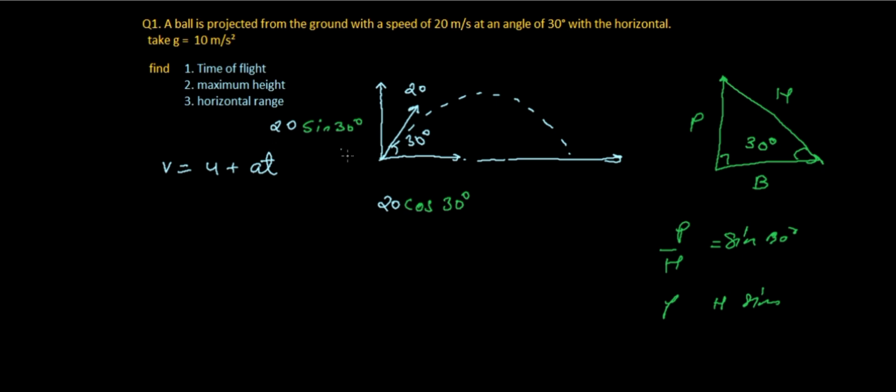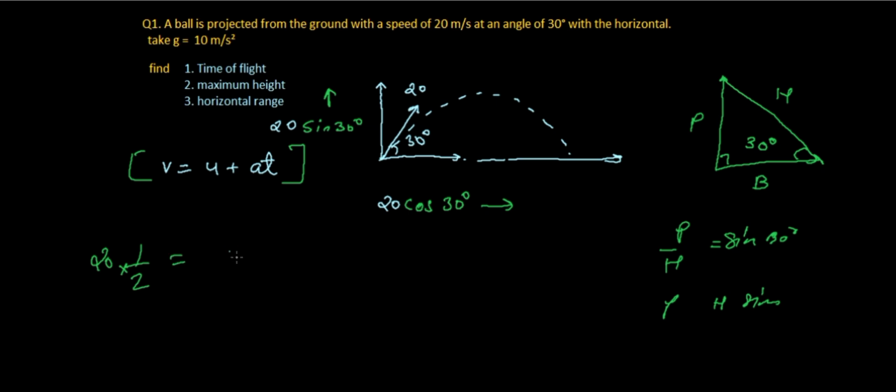That's it, friends. So now the particle has two components, 20 sine 30 degree in upward direction, vertical motion, and this is in horizontal motion. Let's find time of flight using this equation. The initial velocity in vertical direction would be 20 sine 30, which is 20 into 1 by 2.